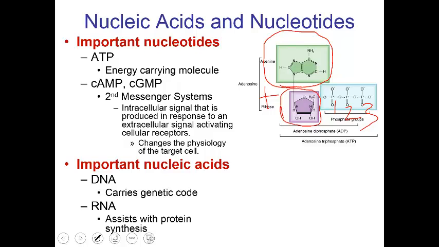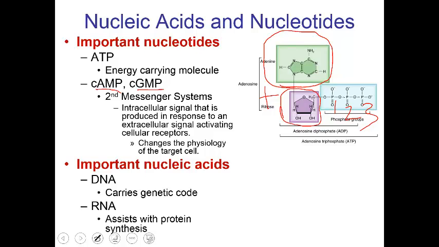Other examples of nucleotides are cyclic AMP and cyclic GMP. Cyclic AMP stands for cyclic adenosine monophosphate, and cyclic GMP stands for cyclic guanosine monophosphate. These are responsible for communication, so cellular pathways.